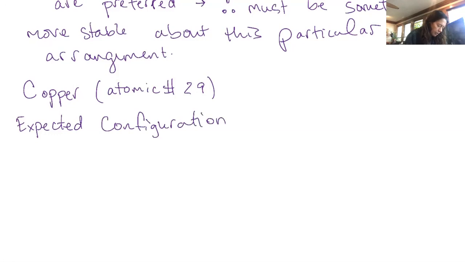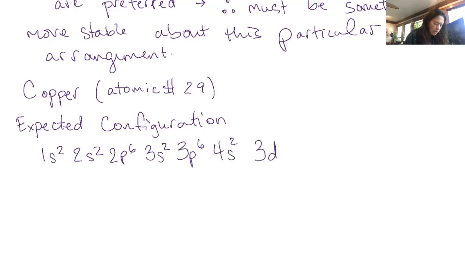We would have 1s2, 2s2, 2p6, 3s2, 3p6, 4s2, 3d9. And those are going to add up to 29. Those are where the electrons would be located.